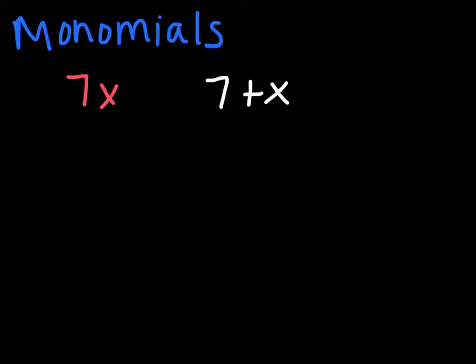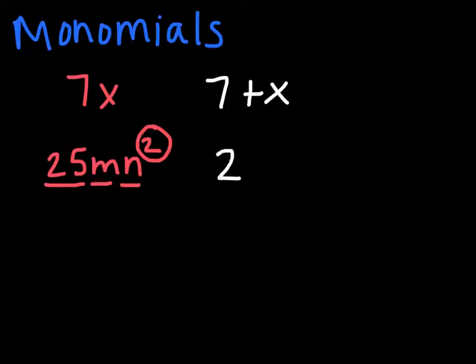Another monomial is 25 times m times n squared. We have a number, a variable, and a variable raised to a whole number exponent. That is a monomial. However, 25m minus n squared, not a monomial. We're finding a difference, not a sum.